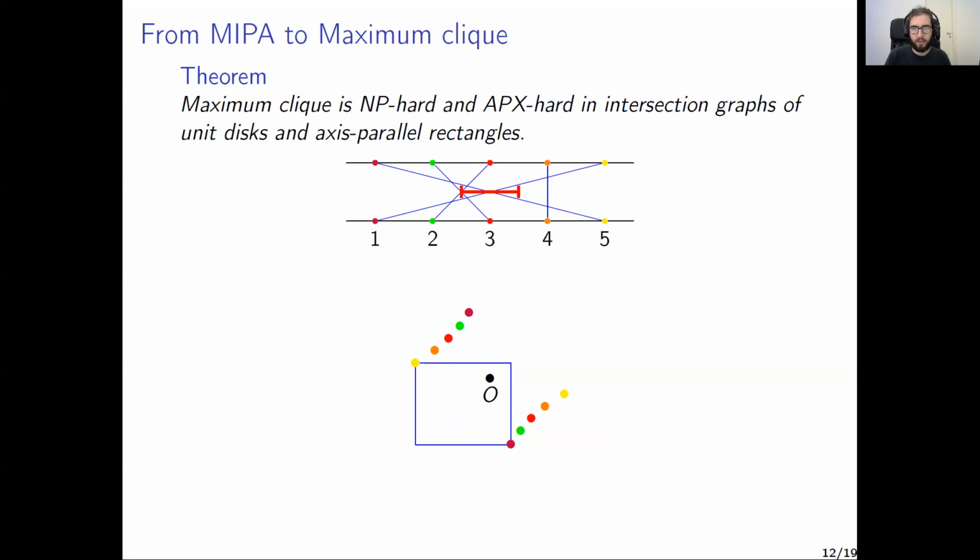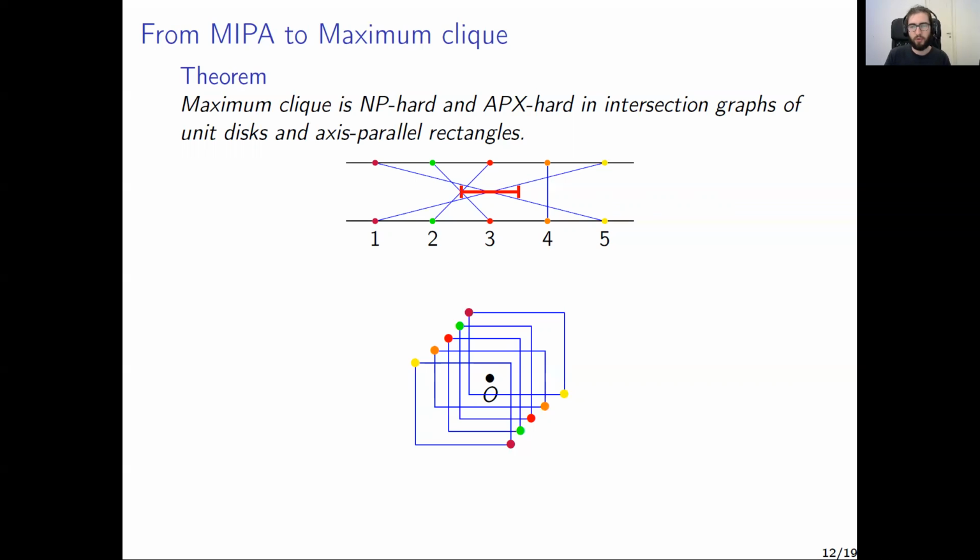Then we do that for all blue line segments, and in the end we obtain these 5 axis parallel rectangles. Let me make the observation already that all rectangles contain the origin. In particular, that means that any pair of rectangles intersect, which will be useful later.